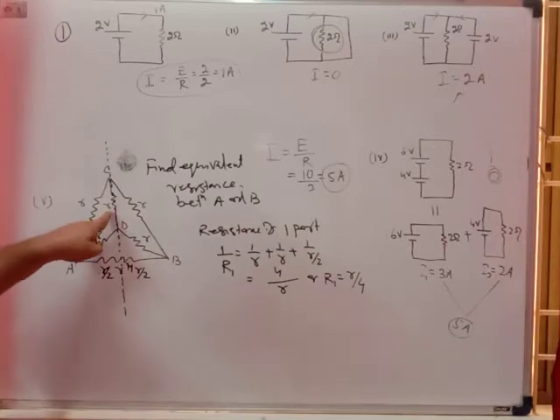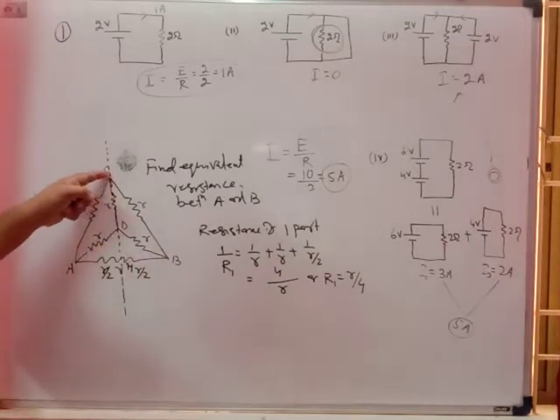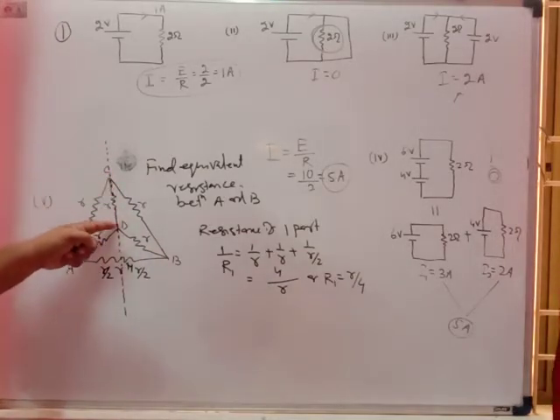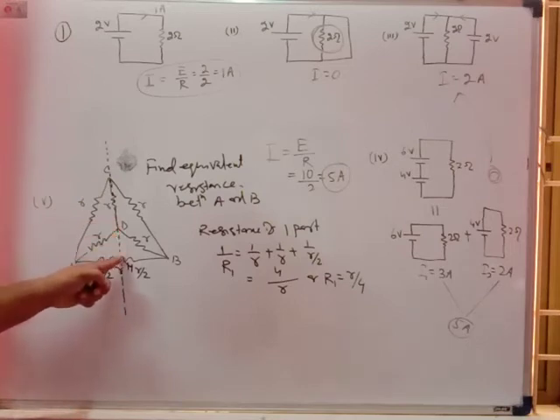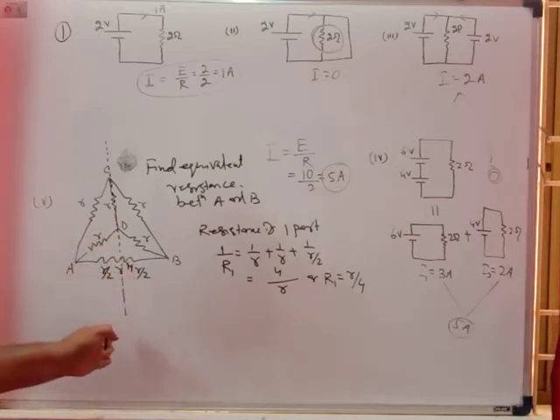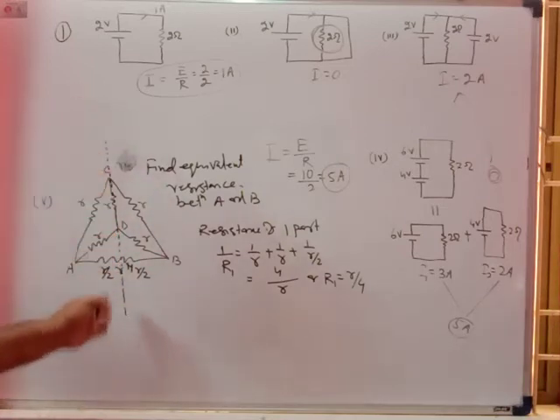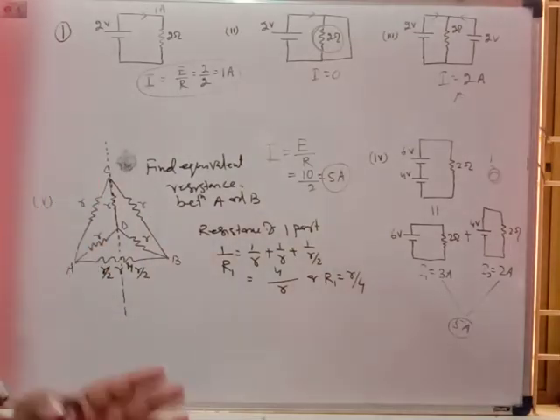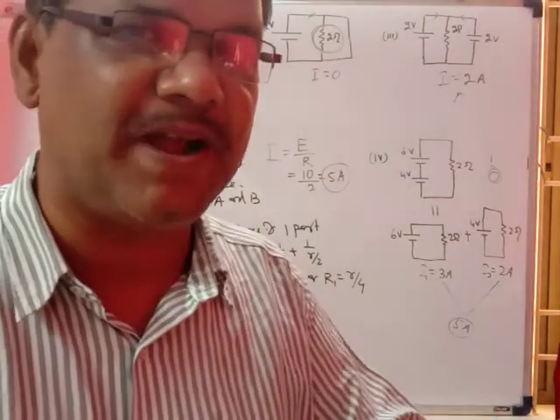So this distance is neglected because point C has equal potential, D has equal potential, and this part also has equal potential. This line separates the whole circuit into two symmetric parts.